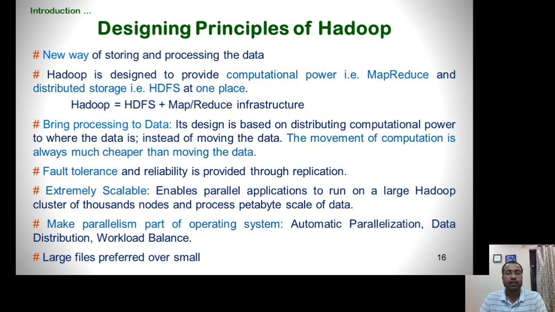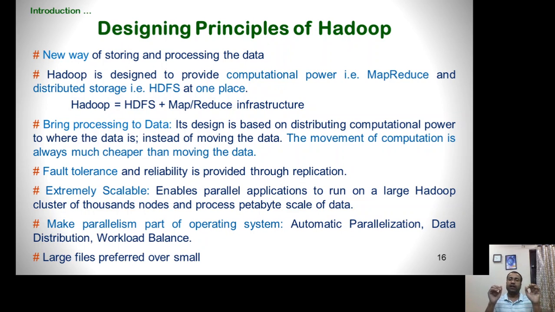Storing data, because we are using Hadoop Distributed File System for storing data, and for processing the data we use the MapReduce framework. So it provides a totally new way of storing and processing. Hadoop is designed to provide computational power, that is MapReduce. So MapReduce is the computational framework, and distributed storage, that is HDFS, at one place.